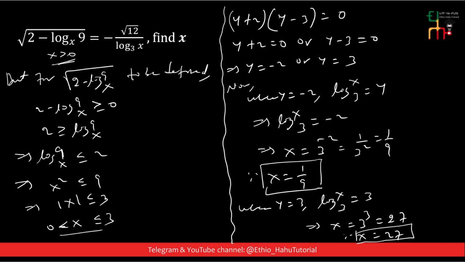Absolute value of x less than or equal to 3 means x is less than or equal to 3 and greater than or equal to negative 3, but this logarithmic function cannot be defined for a negative number. Therefore, we ignore the negative part and x is greater than 0 and less than or equal to 3. With this, x is equal to 27 cannot be the solution.